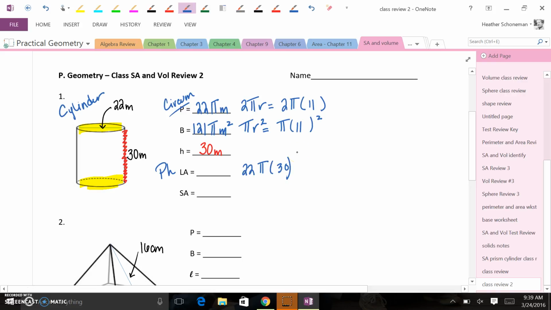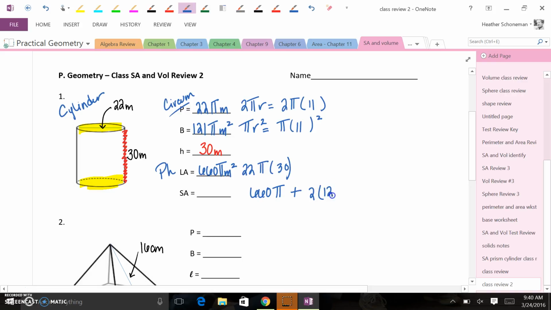So now use your calculators and multiply that. 22 times 30 gives us 660 pi meters squared. Total surface area, we take the lateral area, 660 pi, and add to it, well, I've got two bases, so I need to add those two bases.